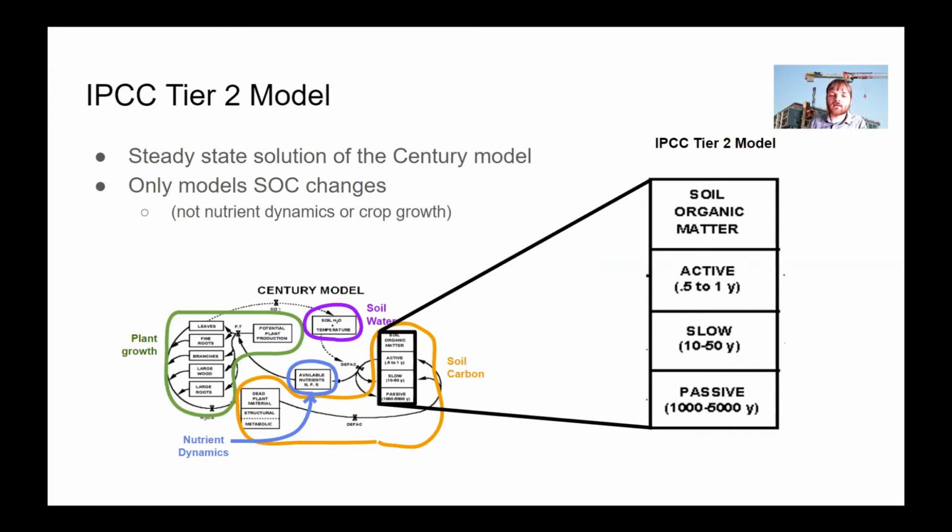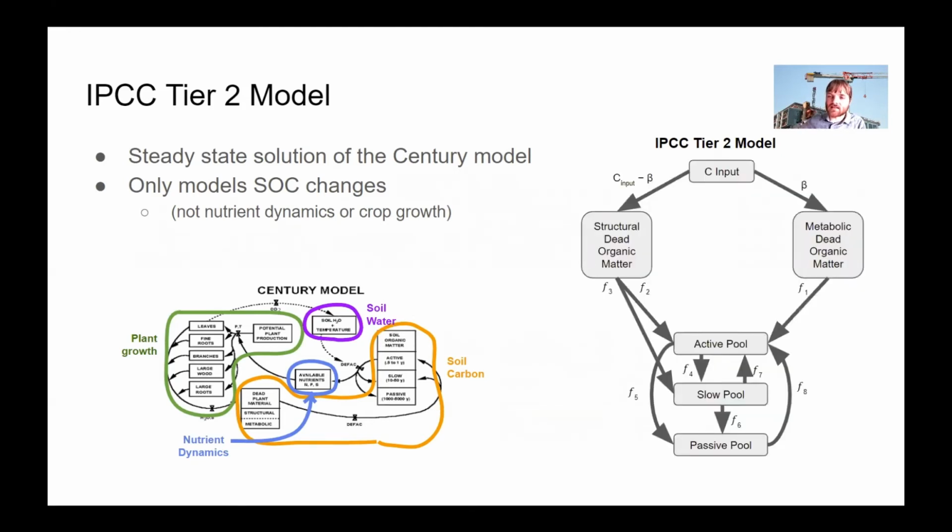It just means they've taken all of the equations out of the soil carbon section of the Century model and stripped everything else away. So nothing else in the Century model matters except for the soil carbon, according to this model. It's a little bit more complicated than that. This is what it actually looks like, but it is definitely a lot less complicated than the Century model. And critically, you don't have to model plant growth.